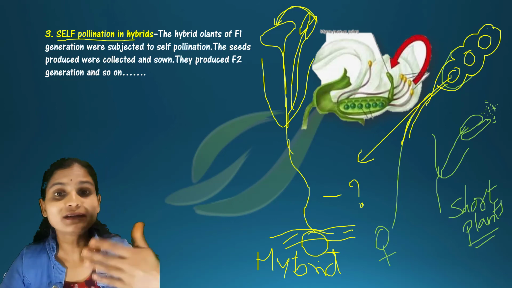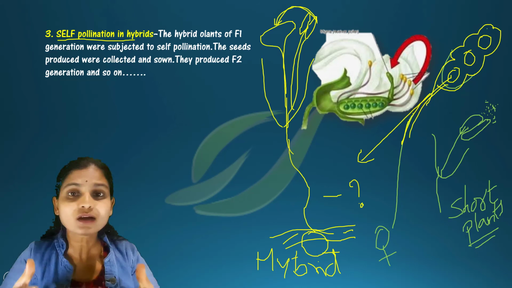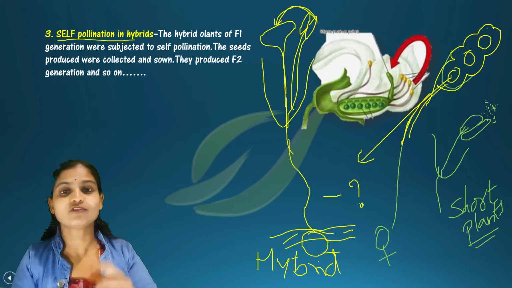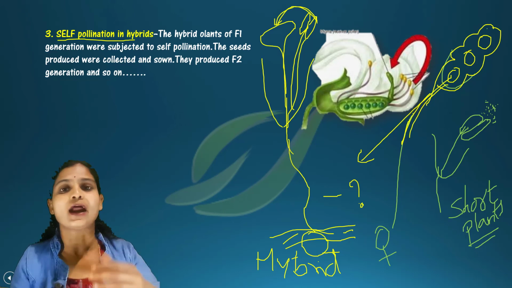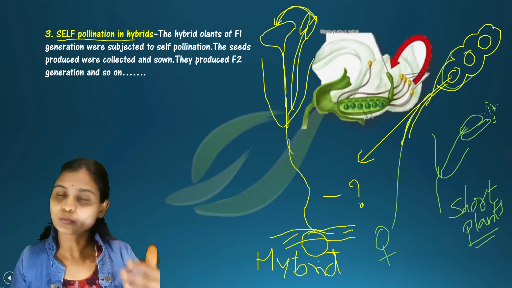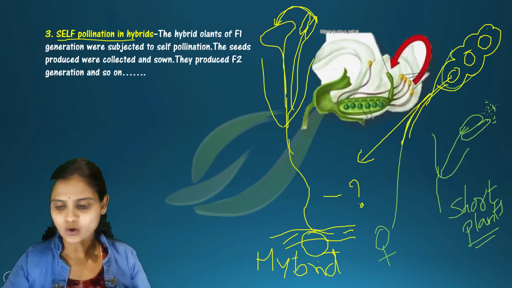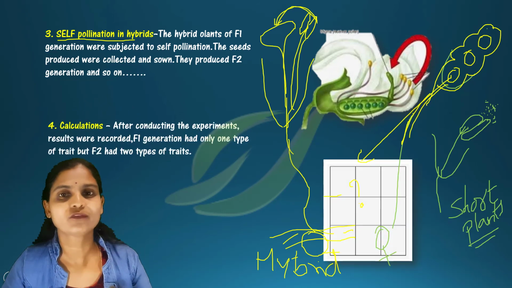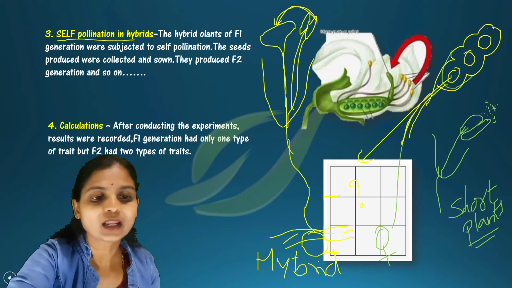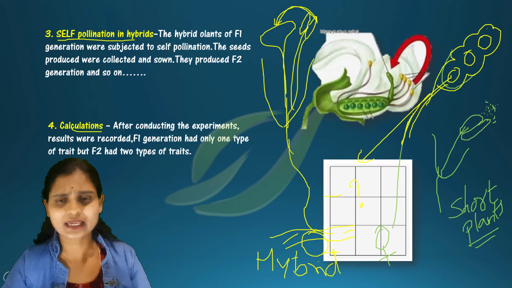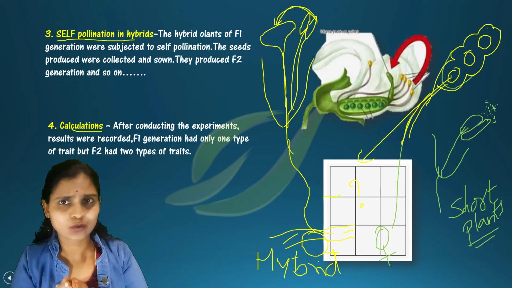When he did this, he recorded what type of plants were obtained in the first generation and what type in the second generation. That recording we call calculations.